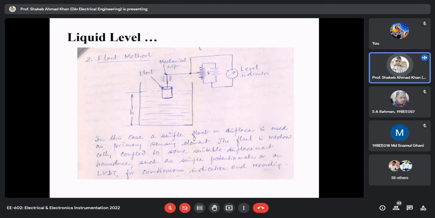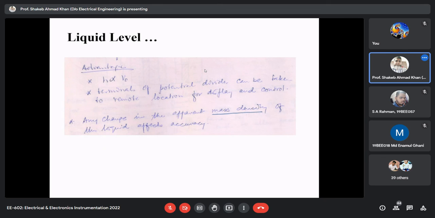Offset error means when the tank is full and your output is 5 volt for water, then with alcohol the output may not be 5 volt, it may be 5.5 volt, or it may be 4.5 volt. We generally want the system to be liquid independent, so this is the limitation of it.